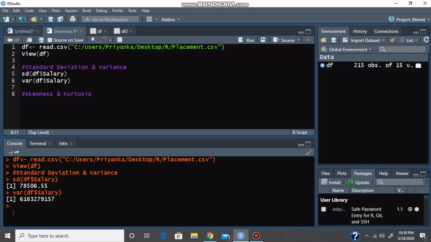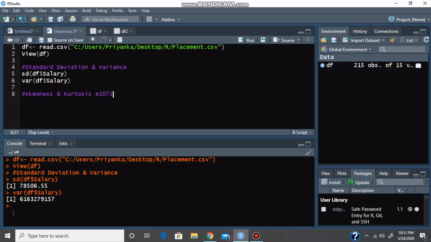To get the value of the skewness and kurtosis, we need to get the package, that is E1071. This is the package in which we have the skewness and the kurtosis functions. So I'll be using the E1071 package.